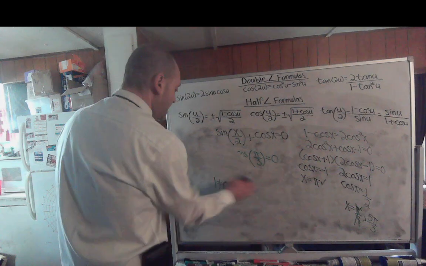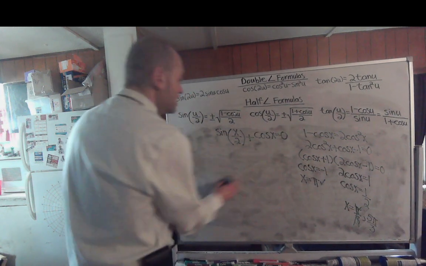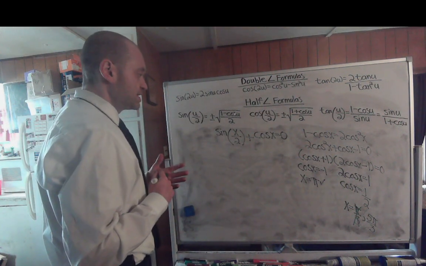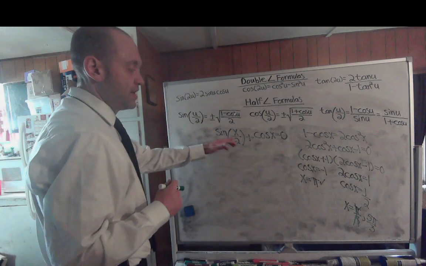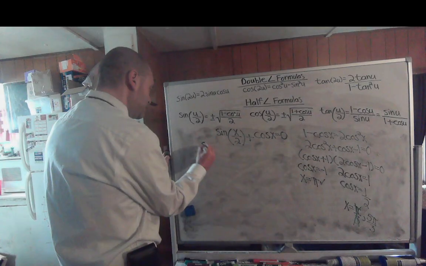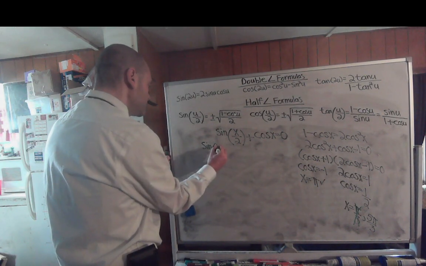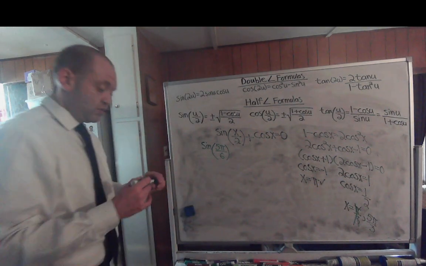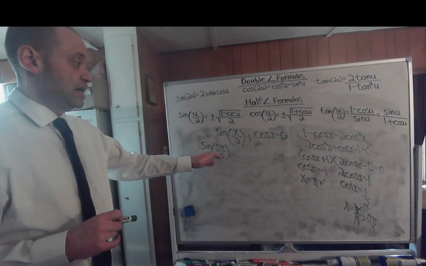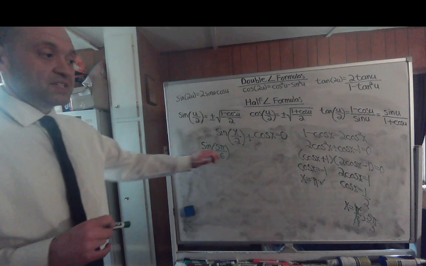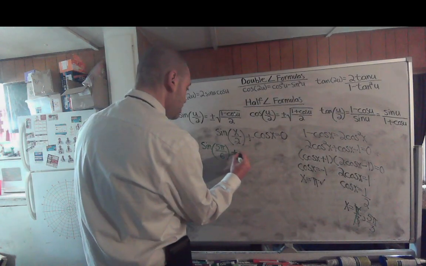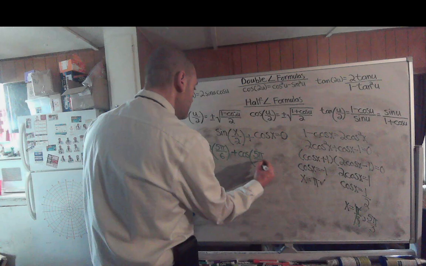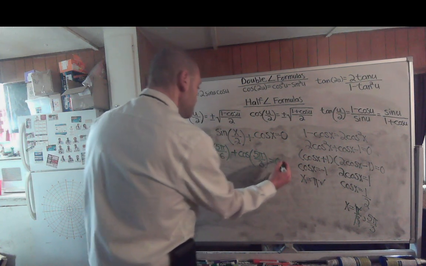So then what we have to do now is we need to see about 5 pi over 3. So what is the sine of 5 pi over 3 divided by 2? That's the same as the sine of 5 pi over 6, which would give you a positive sign because it's in the second quadrant. Then you have plus the cosine of 5 pi over 3. Set all those equal to 0.